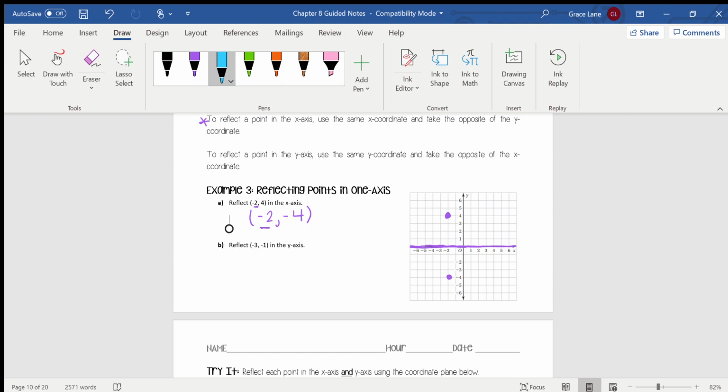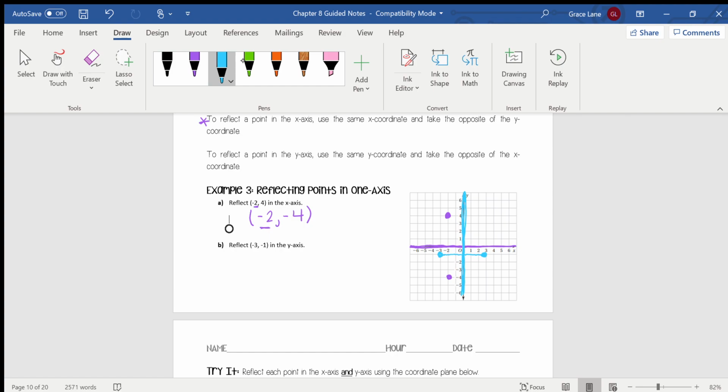And so now we'll try in the y-axis, -3, -1. I'm going to do this one in blue, -3, which is here, and then down to -1. And this time it says the y-axis is going to act as the mirror. So if you think of the blue line now as a mirror, and it's reflecting to the other side, it's staying on the -1 line right here, but it will be on +3 now.